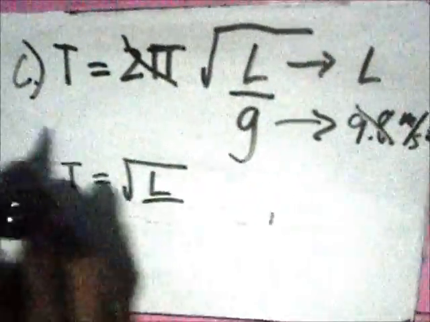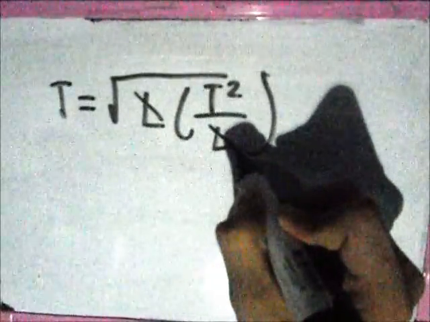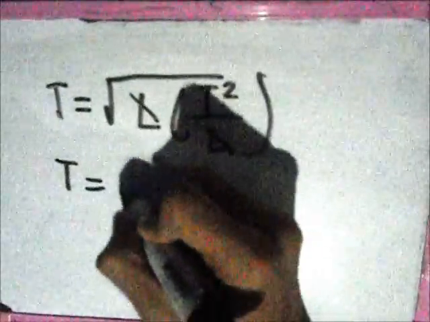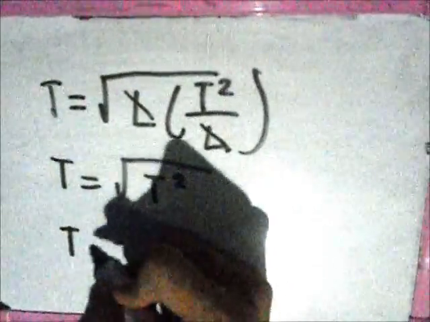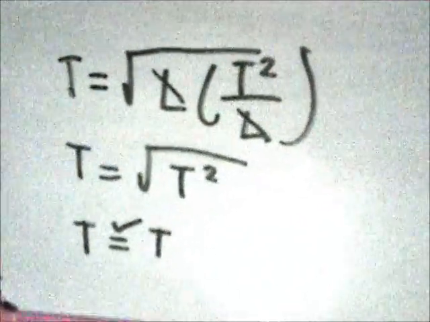So T will be equal to square root of length times T squared over length. Let's cancel length now. Remaining time is equal to the square root of T squared. And the square root of T squared is equal to T, equals T. And as we solve it now, we can say that it's dimensionally correct.